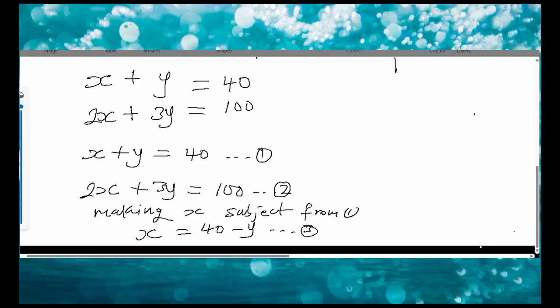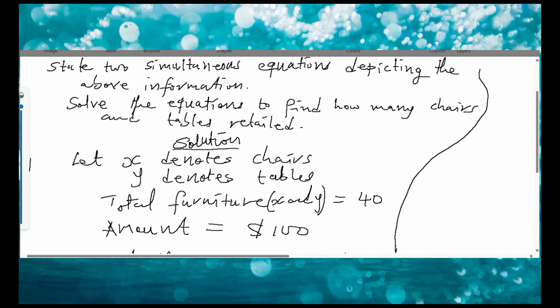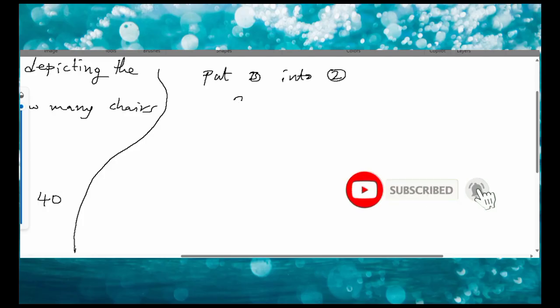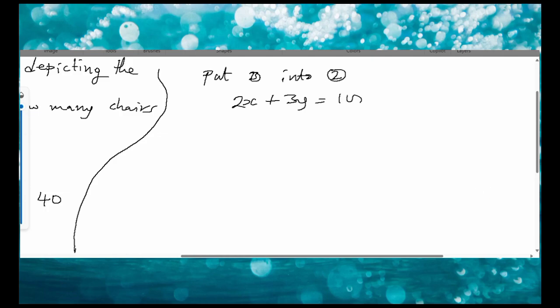So put equation 3 into equation 2. In equation 2 we had 2x plus 3y equal to 100, right?